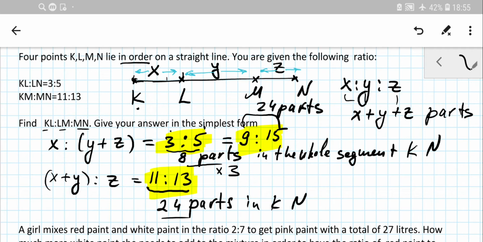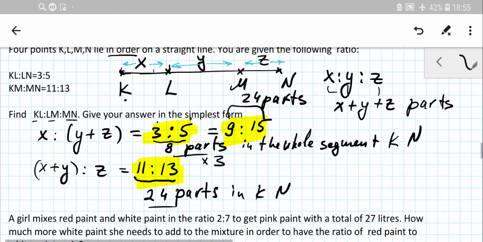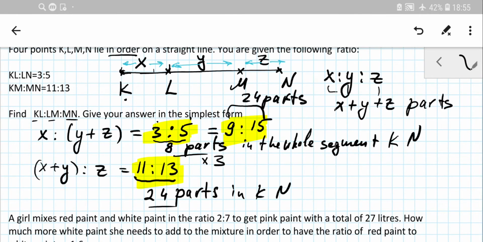That's done. So what do you actually need to figure out? You need to figure out X, Y, and Z, each fraction. We know that in total we've got 24 parts.